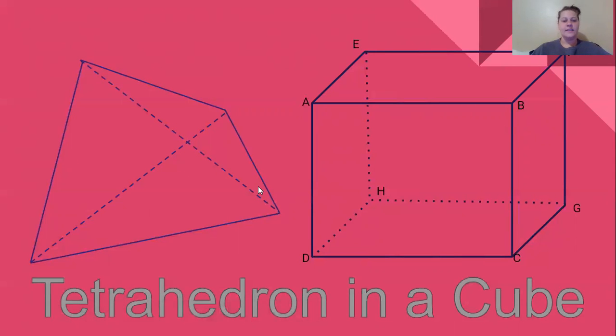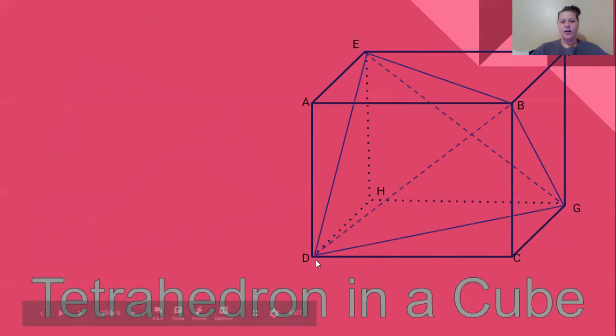So there's 4 faces. What we're wanting to do is put this tetrahedron inside this cube, but we don't want any of the faces of this tetrahedron to touch any of the faces of the cube. So how do we do that? Very simple. We're going to go ahead and slide it over. Now we have vertex E and vertex D having one of the edges of our shape.